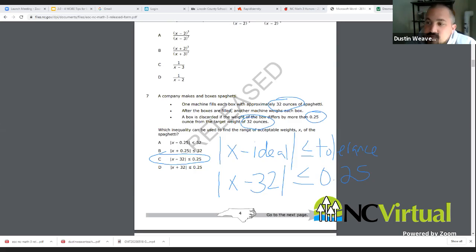So it's less than or equal to 0.25 away from 32, because this at the bottom is saying what's the difference, how far is it from 32, and it needs to be less than or equal to 0.25. Like 32.1: you say 32.1 minus 32, that's 0.1, that's less than or equal to 0.25. So 32.1 is an acceptable weight, okay? That's what we're looking for as far as our range of acceptable weights.